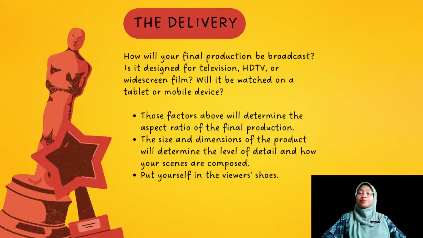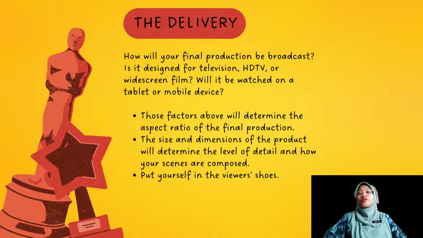As for the last process, which is the delivery. First of all, we must think, how will your final production be broadcast? Is it designed for television, HD TV, or widescreen film? And will it be watched on a tablet or mobile devices?